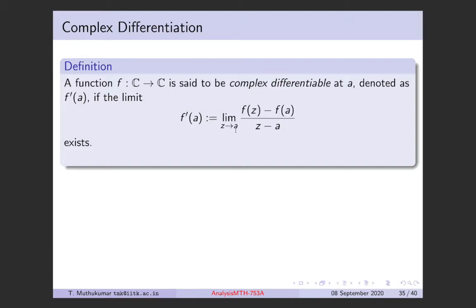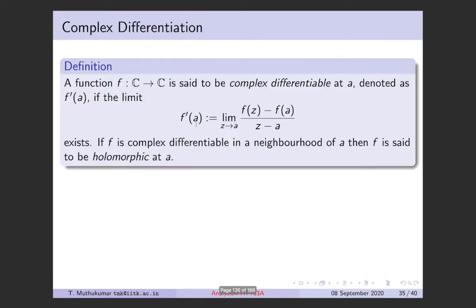So a function is complex differentiable whenever this happens at the point A. Now, what is holomorphic? A function is said to be holomorphic at A if it is complex differentiable in a neighborhood of A. So there is a difference between complex derivative and holomorphic function.